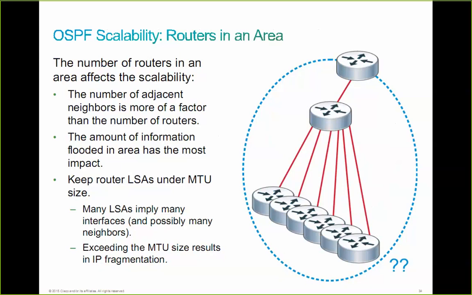Stability and redundancy, most important criteria for the backbone. Now, we can ensure stability in the backbone, in other words, increase the ability for stability, by keeping the size of the backbone relatively small, or at least reasonable, compared to the rest of the OSPF network. And it's a balancing act, right?